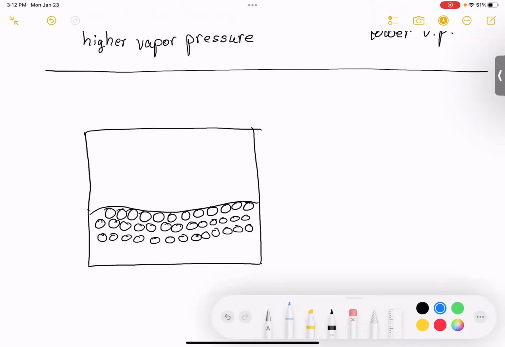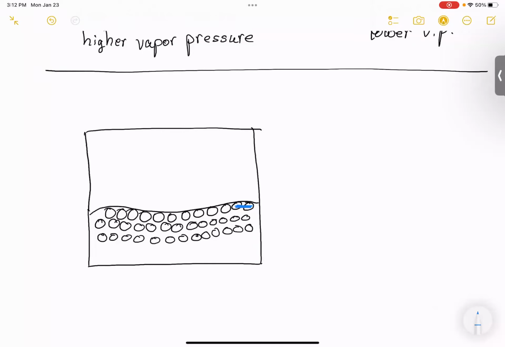If you look at one of these top molecules, it's the attraction of one molecule to the molecule beside it, the attraction of that molecule to the other molecule beside it, and we can continue going and going. Basically, the intermolecular force is the attraction between that molecule and all of its surrounding molecules.